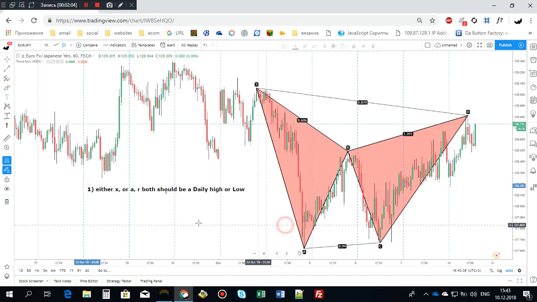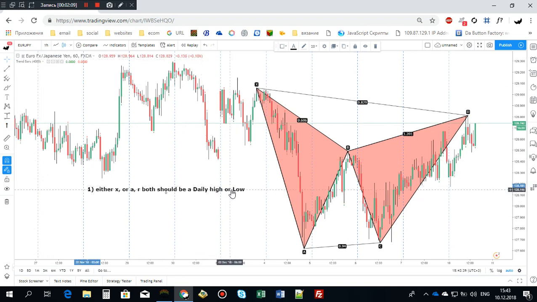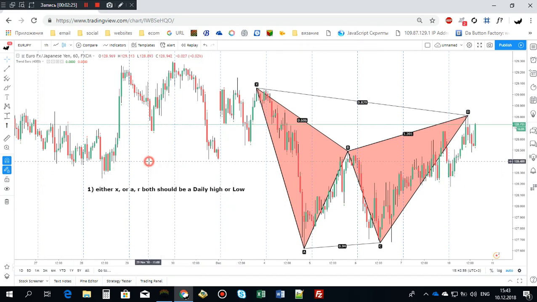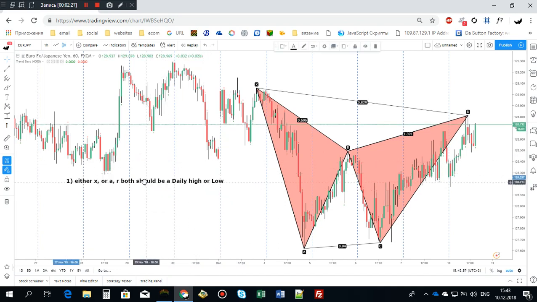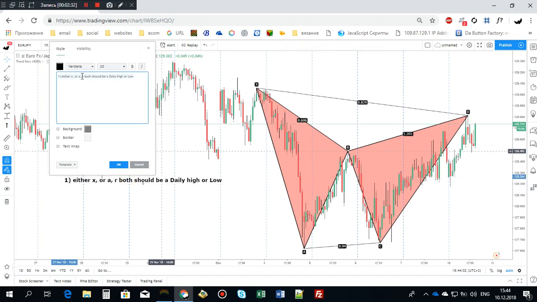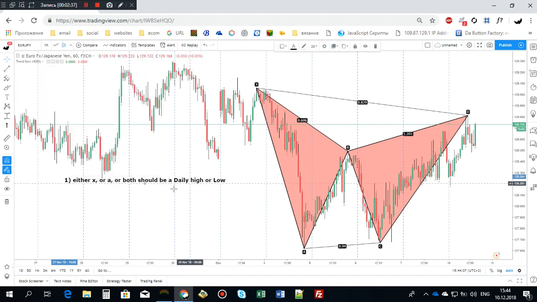When I say daily high or low, I mean that when I trade the 1 hour time frame, my daily is my high time frame. But if you trade the 4 hour time frame, your daily would be weekly high or low. Yes, if you trade 5 minute, your daily would mean 1 hour or something of that, whatever you treat as your higher time frame. So either X or A or both should be a daily high or low.